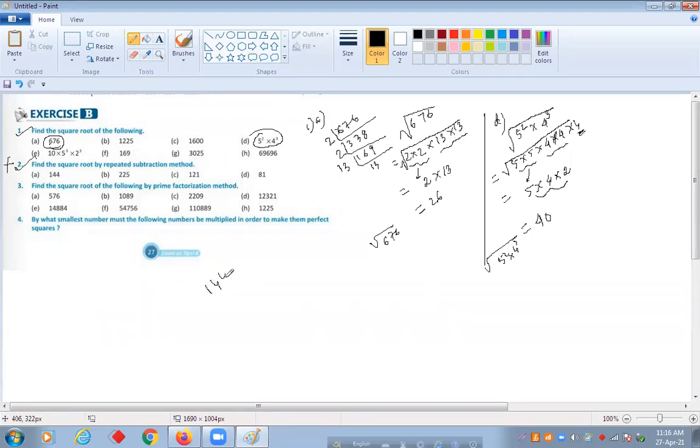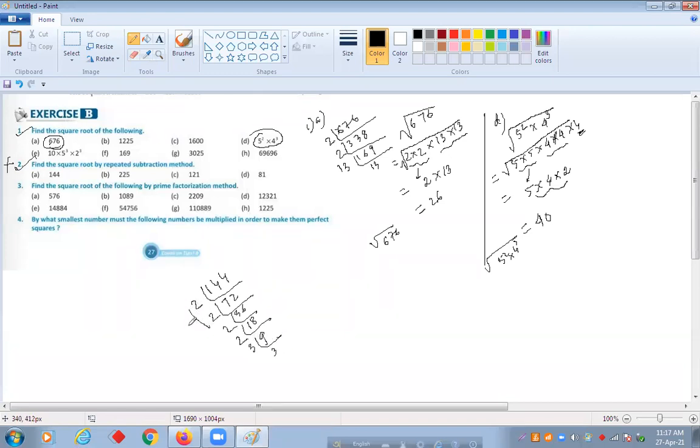Suppose 144. We will first factorize it. Dividing by 2, we get 72. Again, we get 36. Again, dividing by 2, we get 18. Then again by 2 we get 9. Then you will get 3, 3.